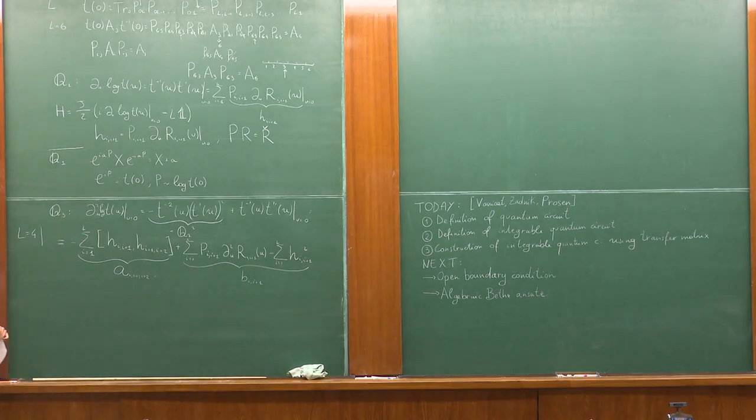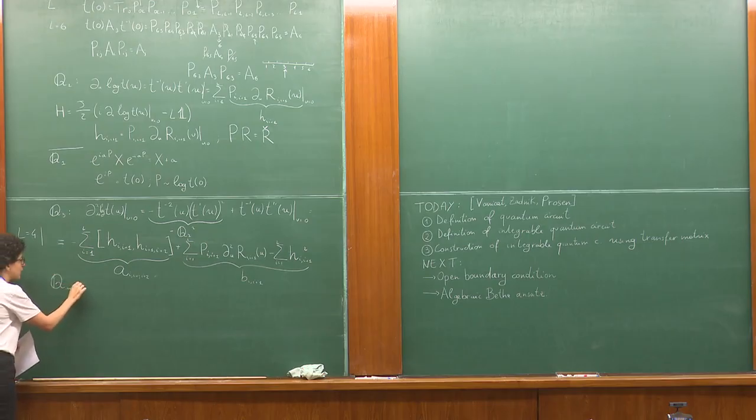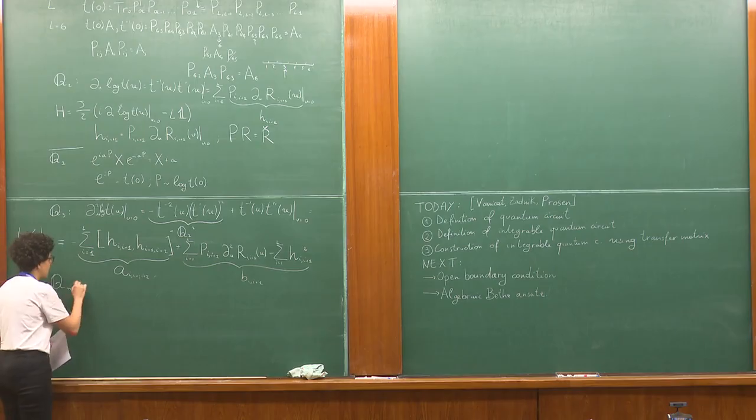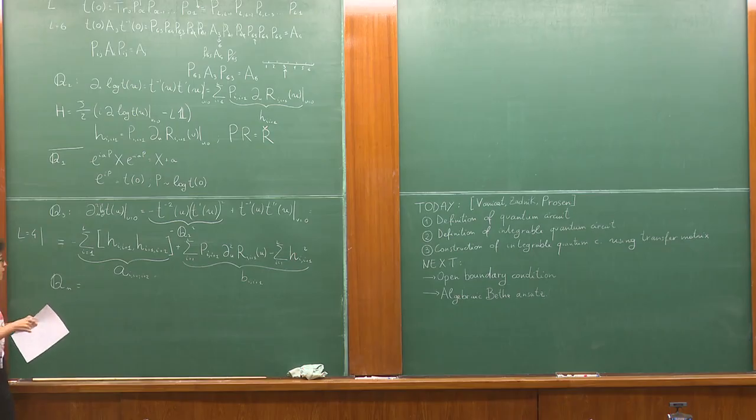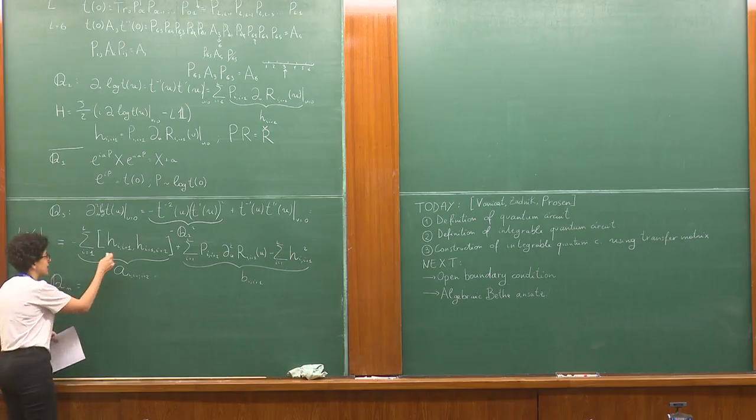Then derivation of higher conserved charges can also be done. It is, of course, more involved because you take higher and higher derivatives. But it's a very beautiful fact that for any Qn, you can always prove that the part that contributes to the density with the higher support has always this nested structure.